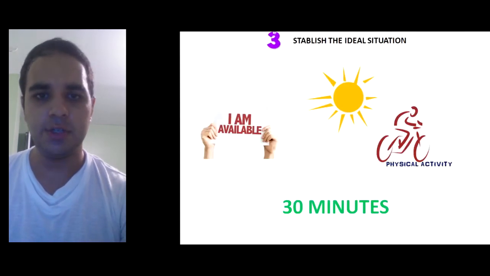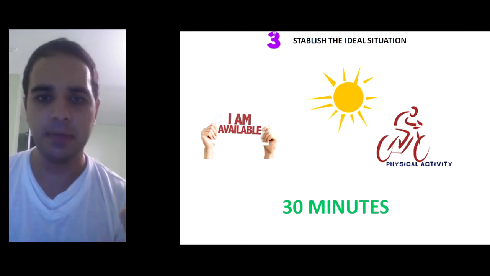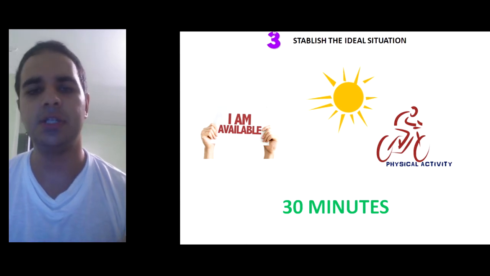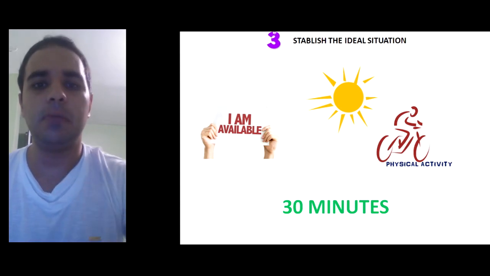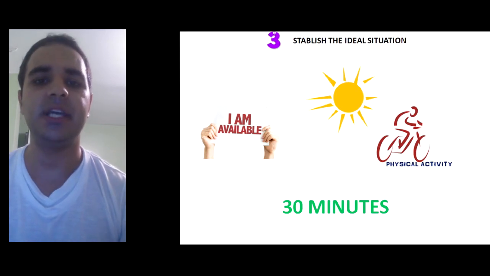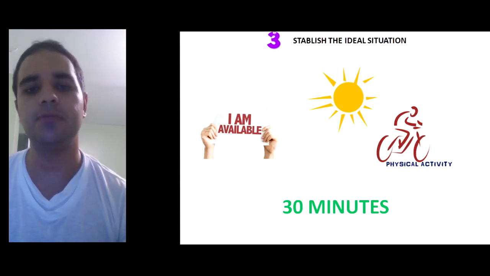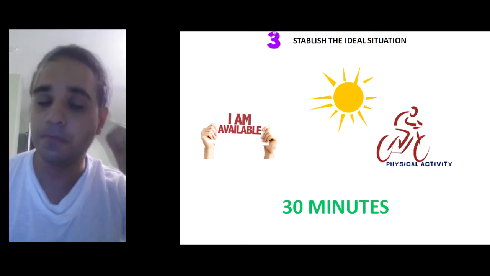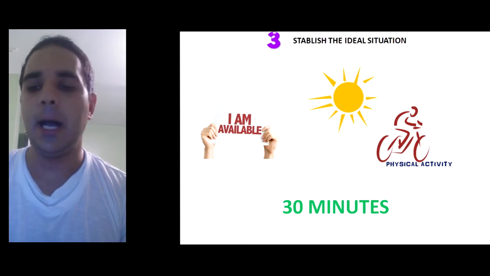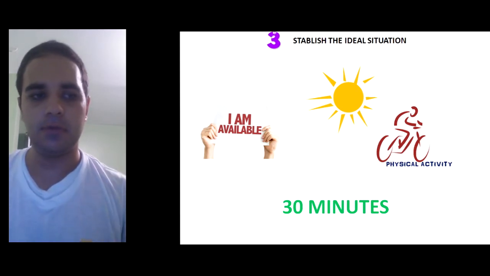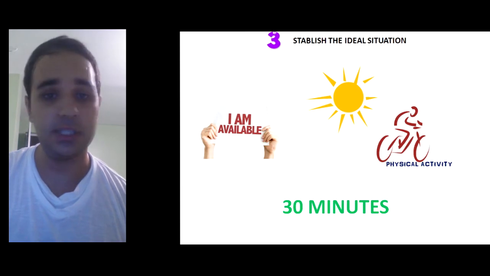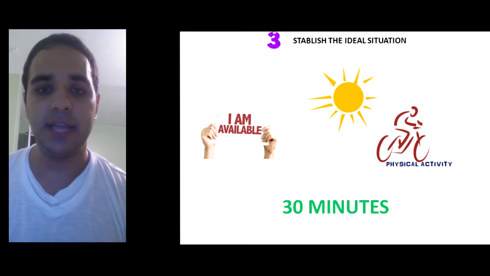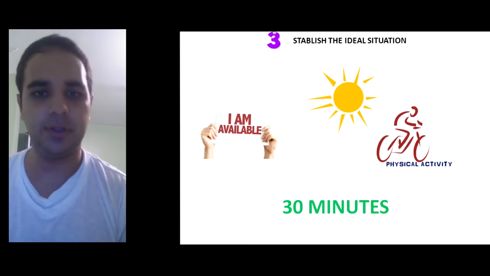The ideal situation would be having at least 30 minutes, 20 to 30 minutes available for the exercises, the physical activities that you're going to do. So there's a gap here, right? Your current situation, you don't have these 30 minutes. The ideal situation, you have the 30 minutes.